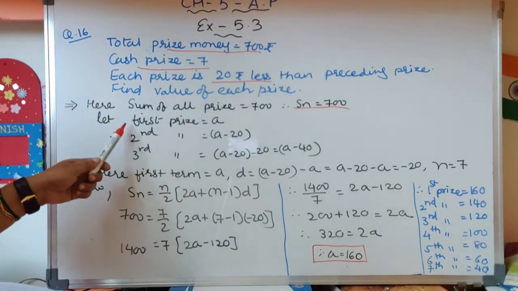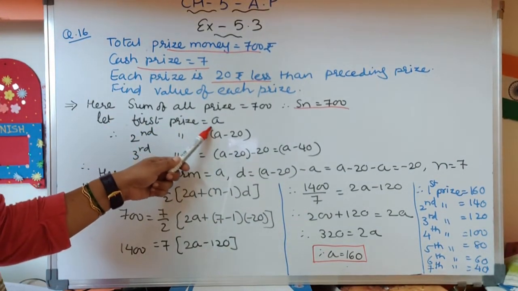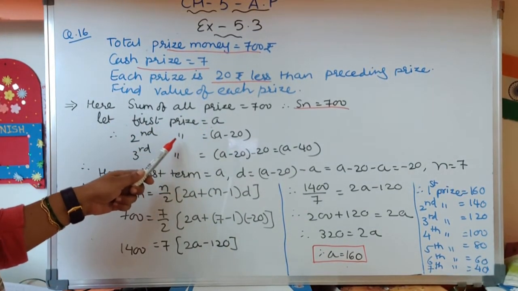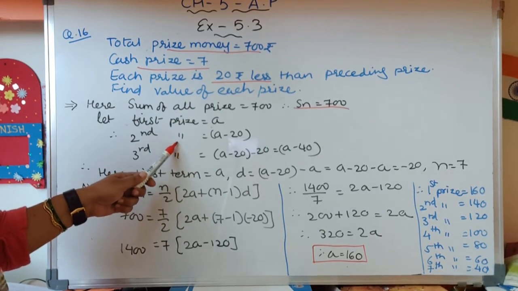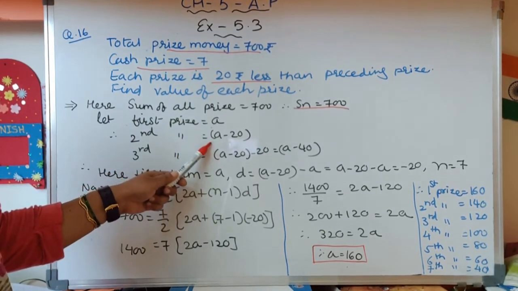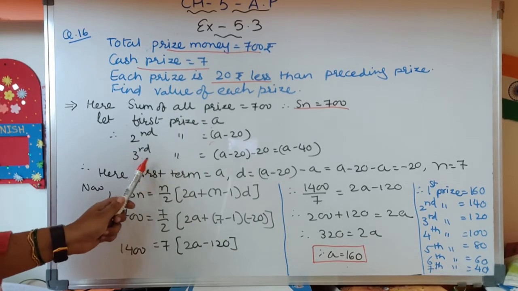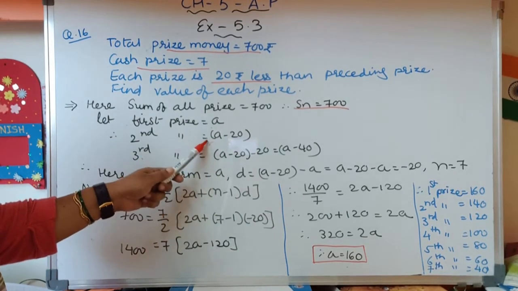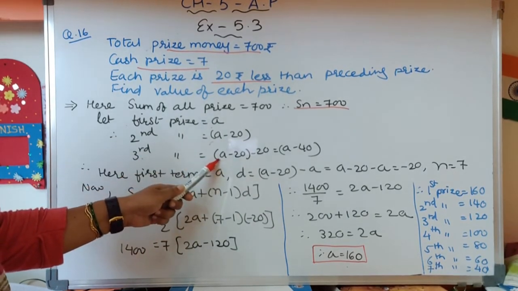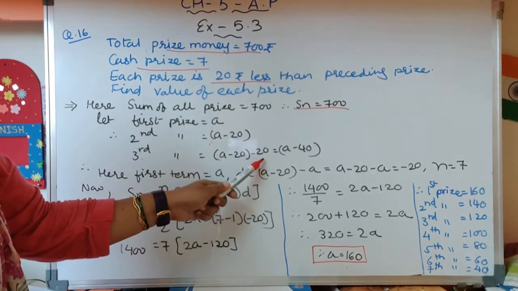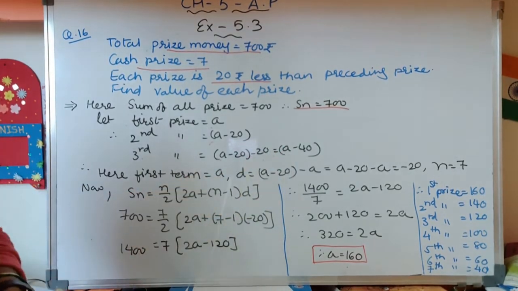Now let the first prize be A, and as we know the next prize is 20 less than the first one, so it is A minus 20. Now the third one is again less than the second one, so the second one is already A minus 20, and minus 20, so it is A minus 40.